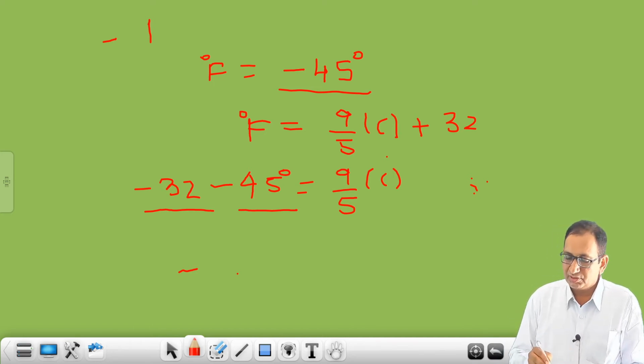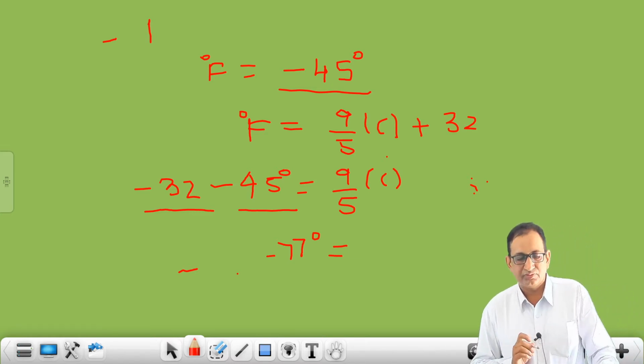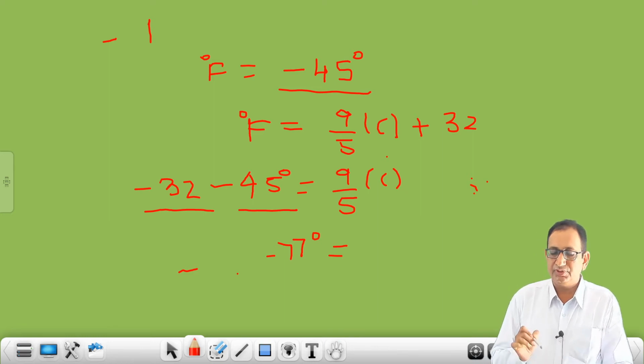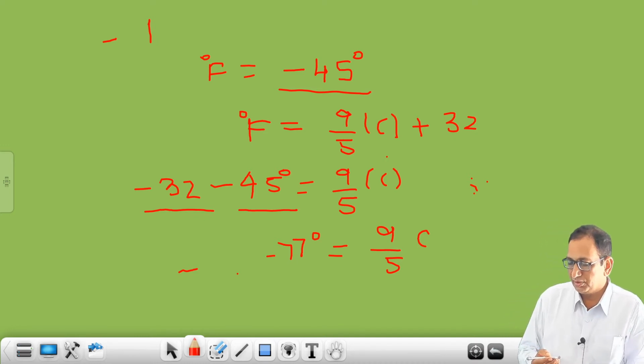We have to add this. So 5 and 2 are 7, and 4 and 3 are 7. So it is minus 77 degree. Minus 77 degree is equal to 9 upon 5 into C. You can do one thing.